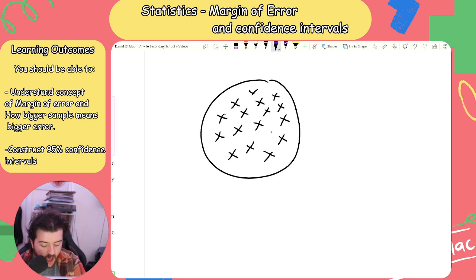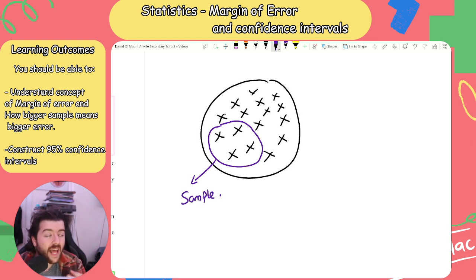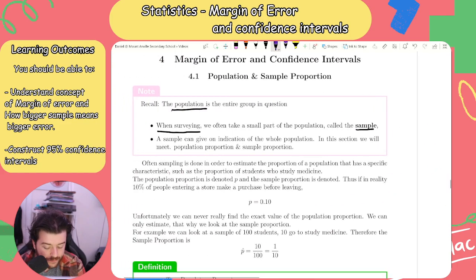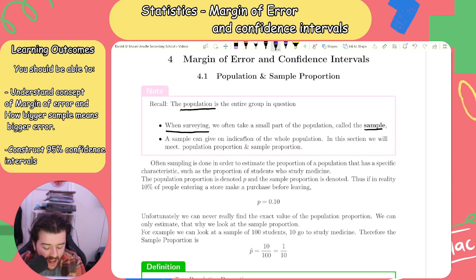But that's too many of them, so we take a sample. I might only look at 4 of them. But if you take enough people and a representative sample, you will have a very good idea of what the rest of my data points are going to be like. So a sample can give an indication of the whole population. In this section, we will meet population proportion and sample proportion.